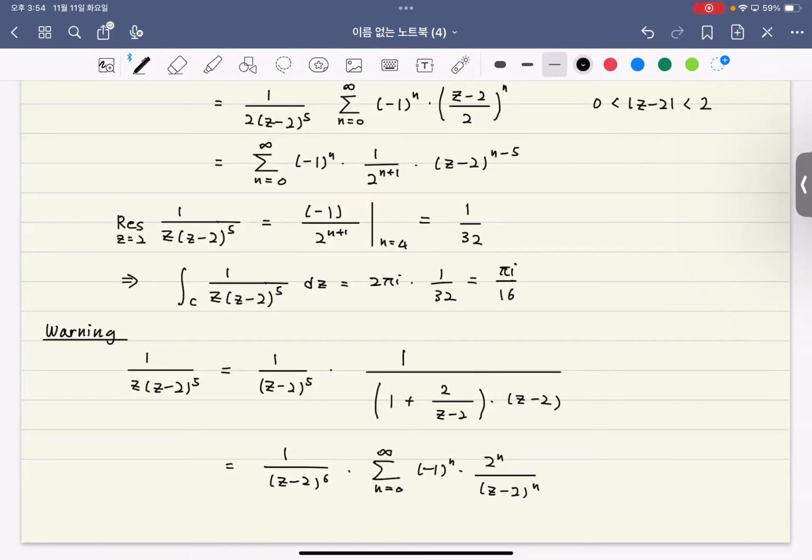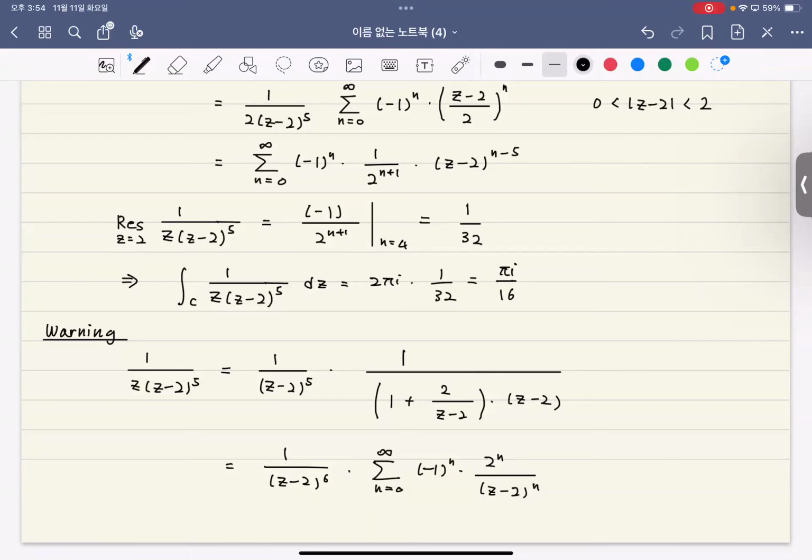But you should not call your residue equal to 0, right? Because, as I mentioned earlier, this is not the right expansion to get the right principal part of your function around the point. Why? Because the inner radius of this expansion is not 0.